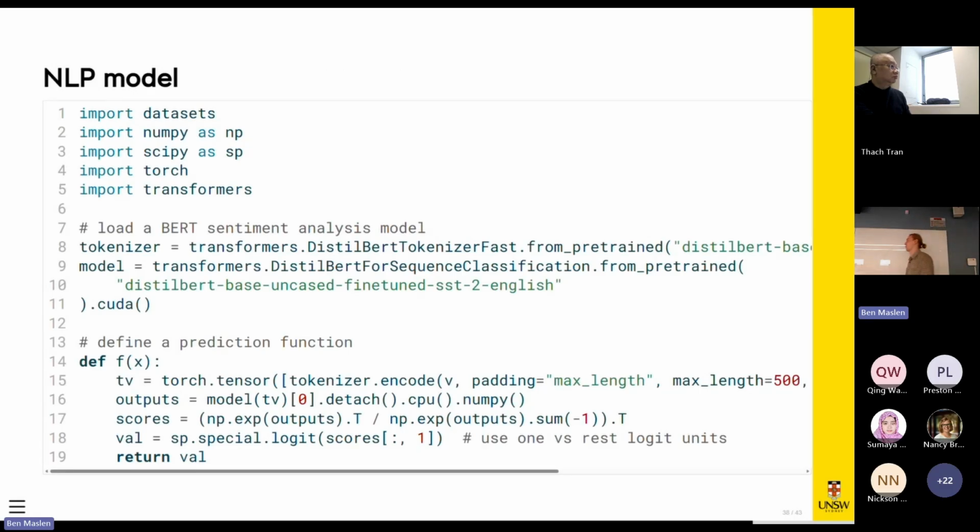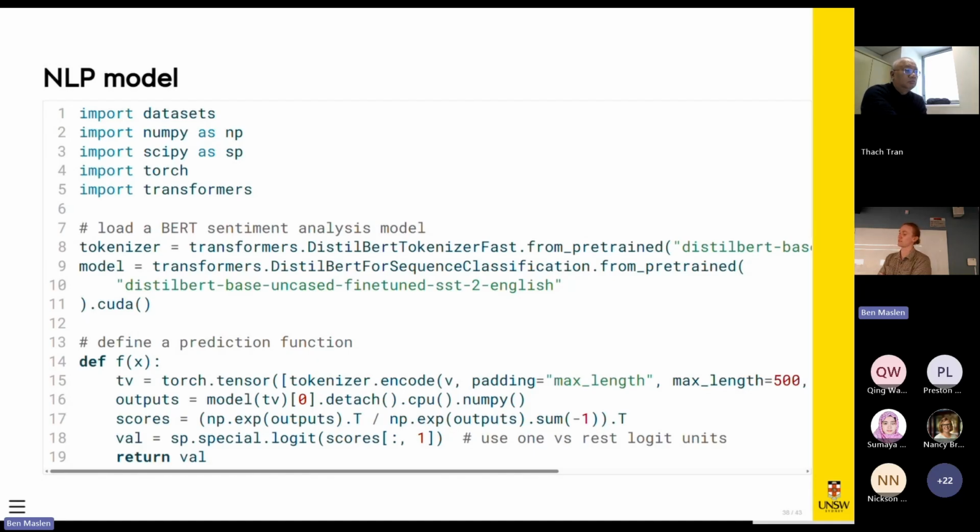So we can go all the way to the other extreme of this and apply it to a really highly parameterized model, a large natural language processor model. We're going to load a sentiment analysis model.